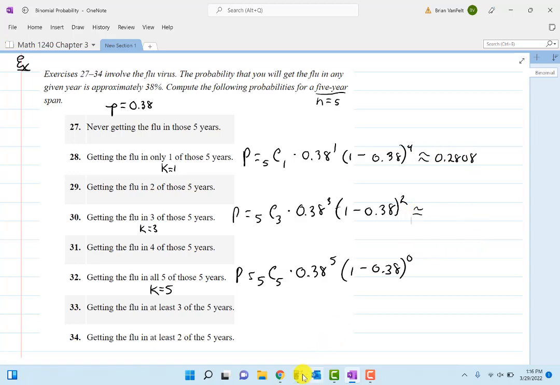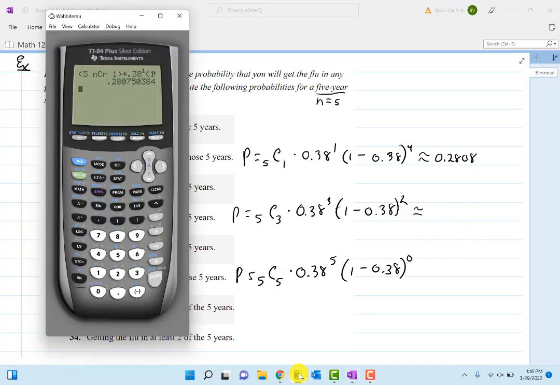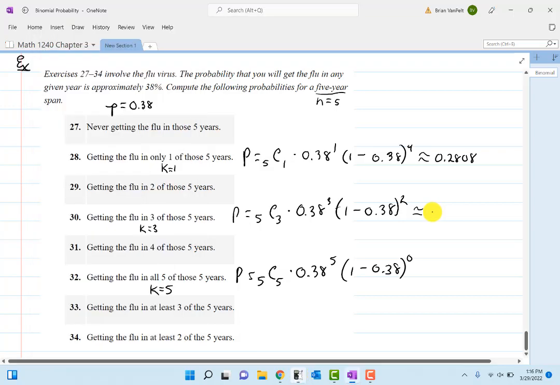For the next one, all I have to do is edit my previous one. Here, now I want that exponent to be a 2. I want this exponent to be a 3. And then we have 5C3 at the beginning. And I have about 0.2109.